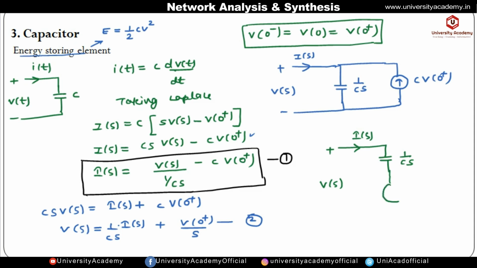It means the upward polarity will be plus and the downward polarity will be minus. So the capacitor in the s domain will be represented by 1 by Cs. If you want to represent it with a current source, the value will be C into v of 0 positive and it will oppose the current.